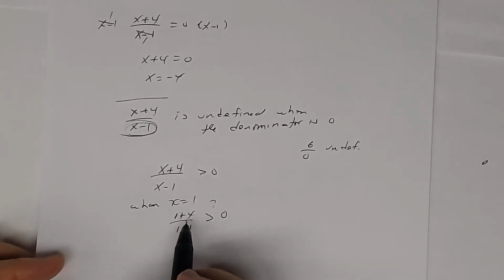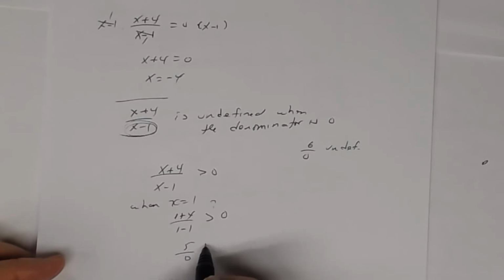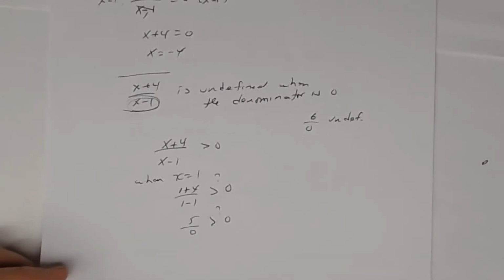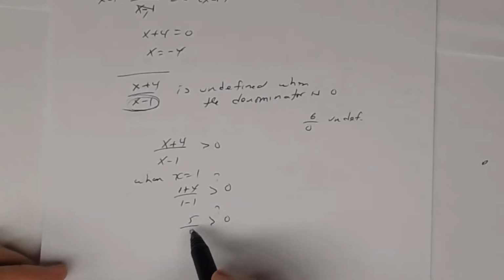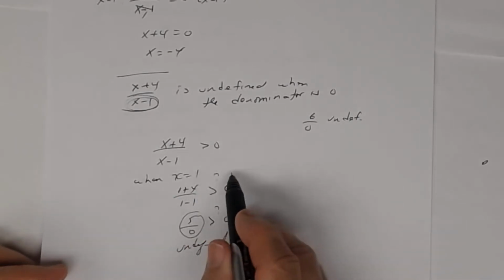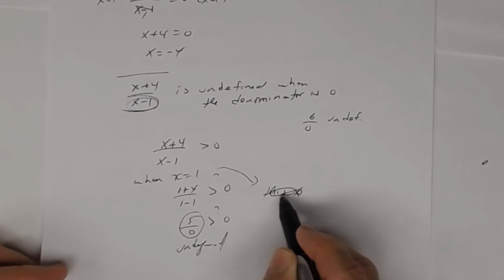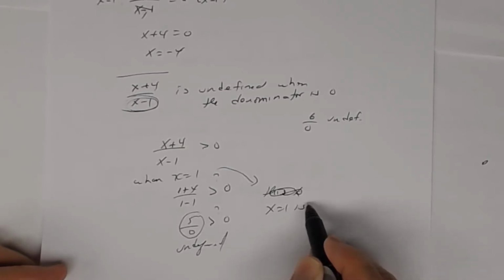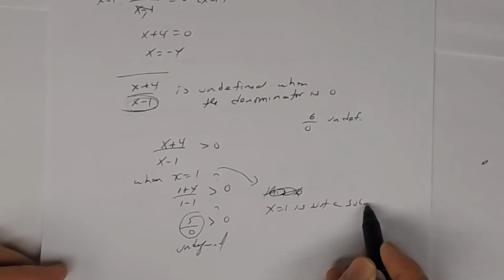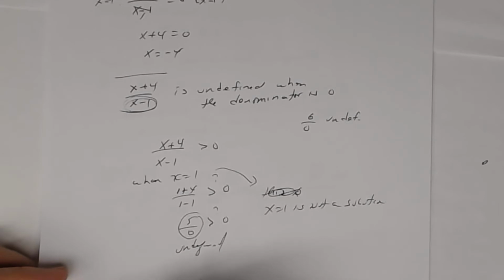Well, 1 plus 4 is 5, 1 minus 1 is 0, and so if you're asking is that greater than 0, the answer is no, because this part here is undefined. That's undefined, right? Because you cannot divide by 0. So when x is equal to 1, this is not a solution. So let me write this. X equal 1 is not a solution. And it's not a solution because it makes this rational expression undefined.